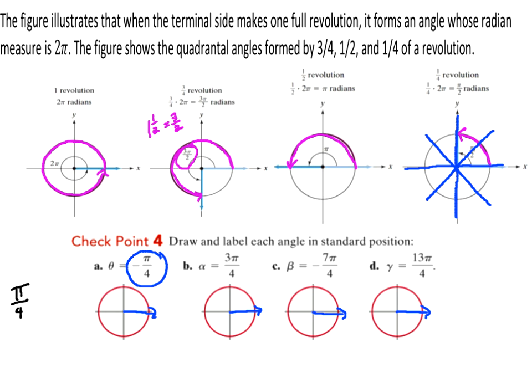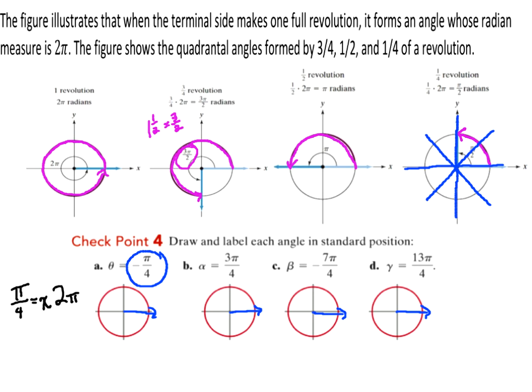Pi over 4 has to be equal to something multiplied by 2 pi. That's a variable that I'm giving you there. Now let me tell you why I set this up this way. 2 pi is an entire revolution around the circle, and I'm trying to figure out how much pi over 4 is in terms of revolving around the circle.